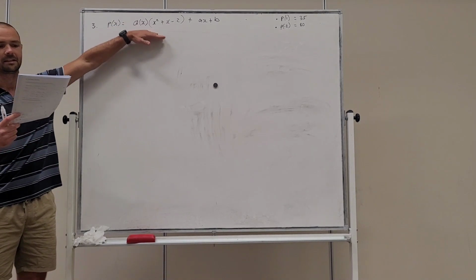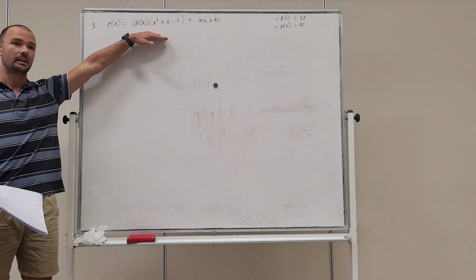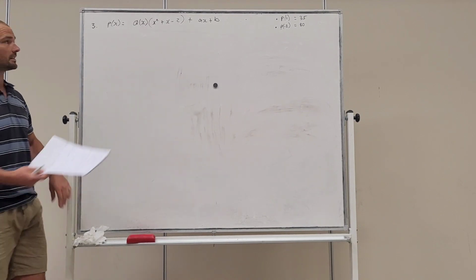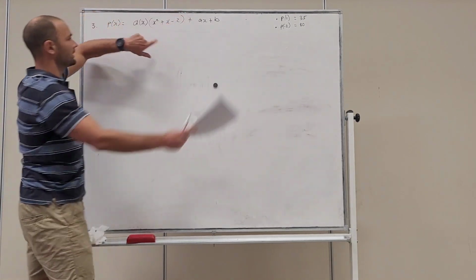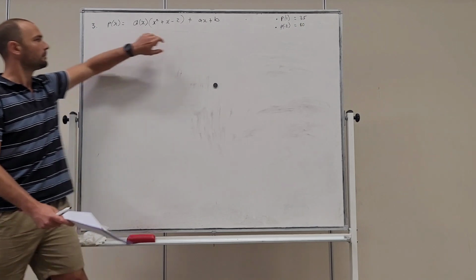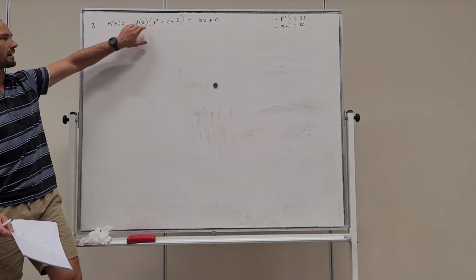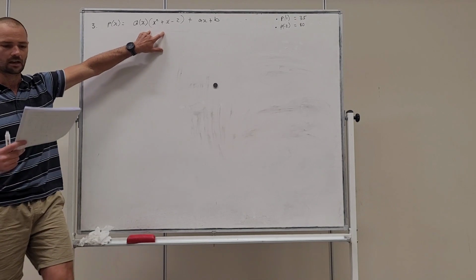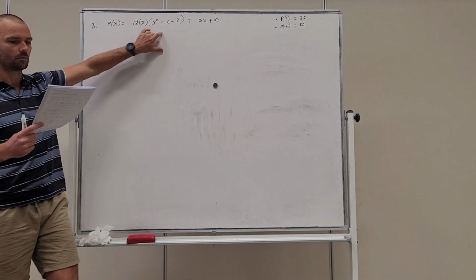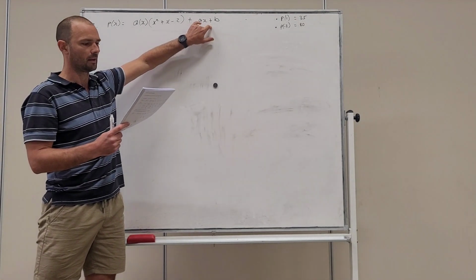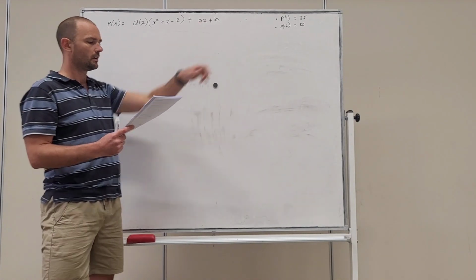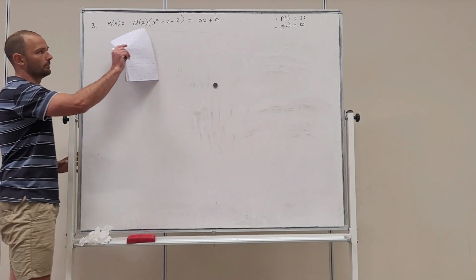And this is what we're told: find A and B given P of x is equal to this. Now, in question 7 that we were talking about yesterday, it had these same properties, only it didn't give you this part here. P of x is a cubic. We know that Q of x times the divisor, whatever the divisor is, we're going to be left over with some linear remainder because we're dividing it by a quadratic.